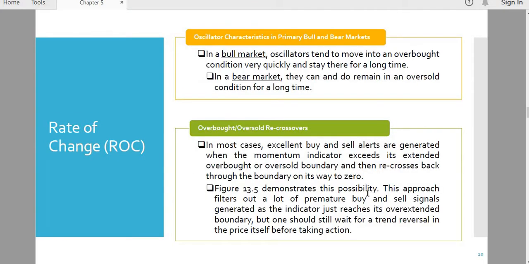Okay, ROC as an indicator of primary bull or primary bear markets.